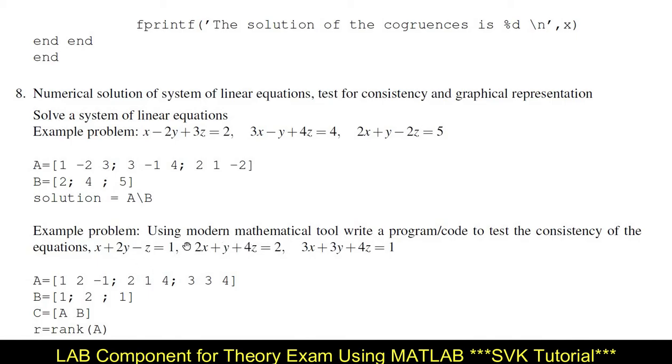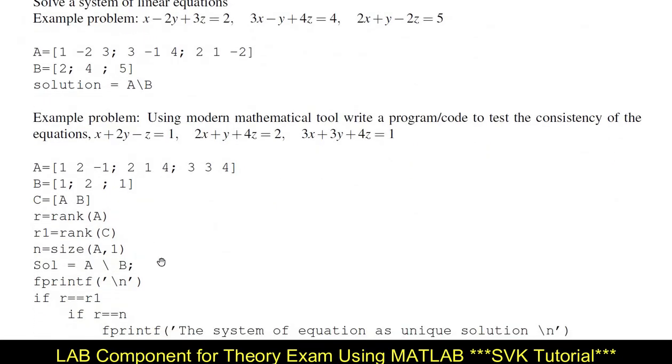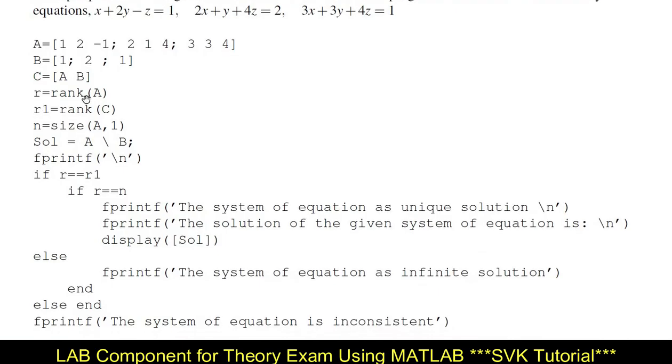Here I have taken a question paper problem. Using a modern mathematical tool, write a program or code to test the consistency of the given equations. So we require to find the consistency here. So for finding the consistency, this is the code to get the solution.